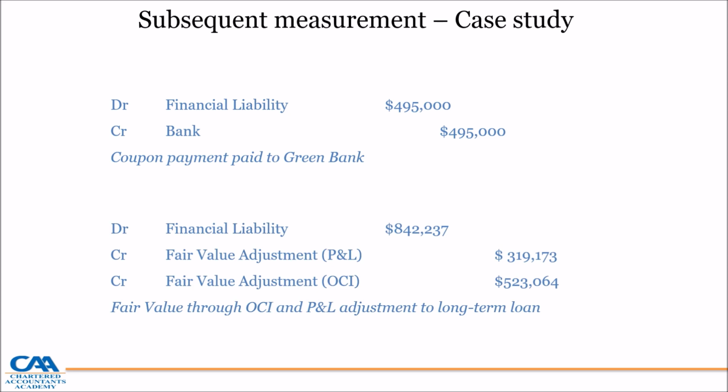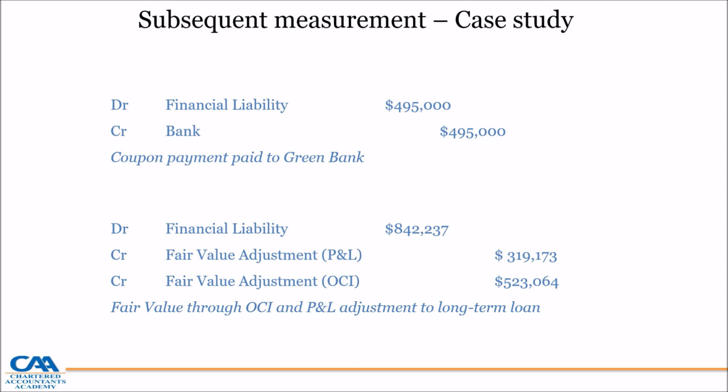So calculating change in credit risk is pretty simple. What is important to note is you first need to actually come up with your carrying amount for the financial liability, using the old rates, and then come up with your new fair value, taking into account the change in the rates both.